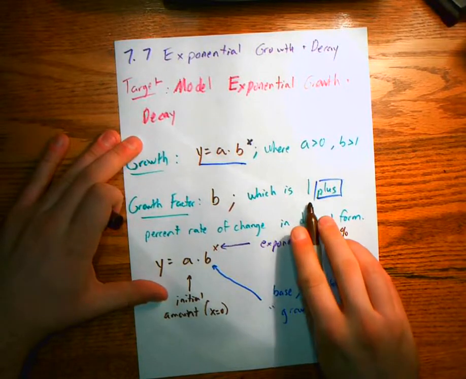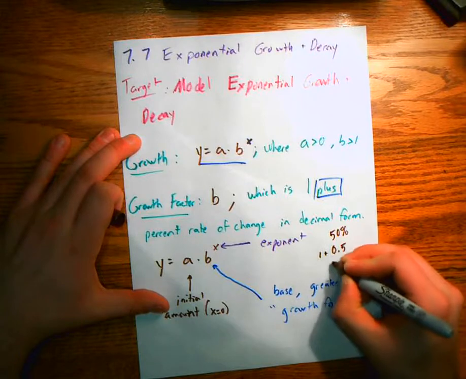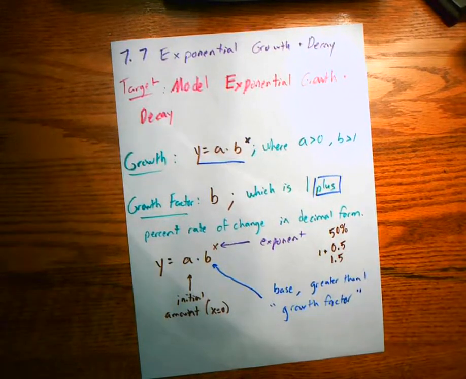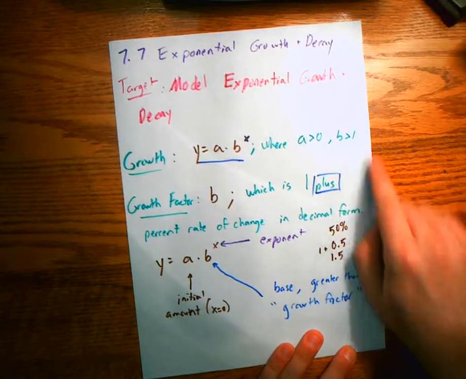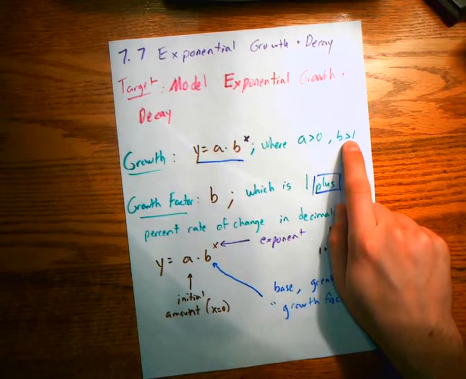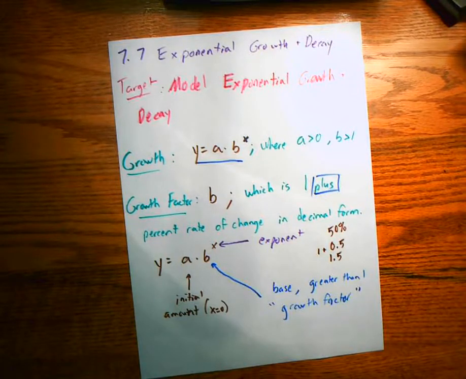To get your growth factor, you add 1 plus that number, so 1.5 is your growth factor, which still satisfies b greater than 1. 1.5 is bigger than 1. Now your a is going to be something else, but that's just the growth factor.